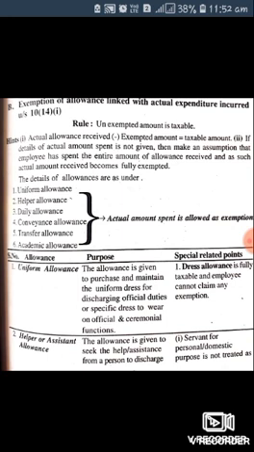Uniform allowance: the allowance is given to purchase and maintain uniform dress for discharging official duties, or a specific dress to wear on official and ceremonial functions. In some organizations there will be a special dress code which differentiates them from others.